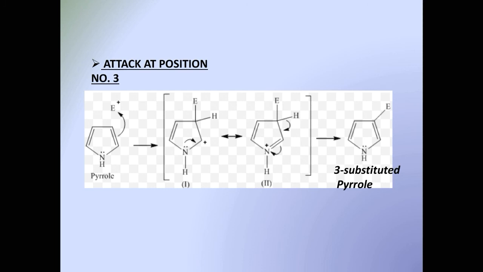So in case of attack at position number C2 and C3, on the C2 position we get 3 resonating structures, and on the C3 position we get 2 resonating structures, so the C2 electrophilic attack is more stable due to more number of resonating structures and greater delocalization of positive charge, while the C3 electrophilic attack gives 2 resonating structures.